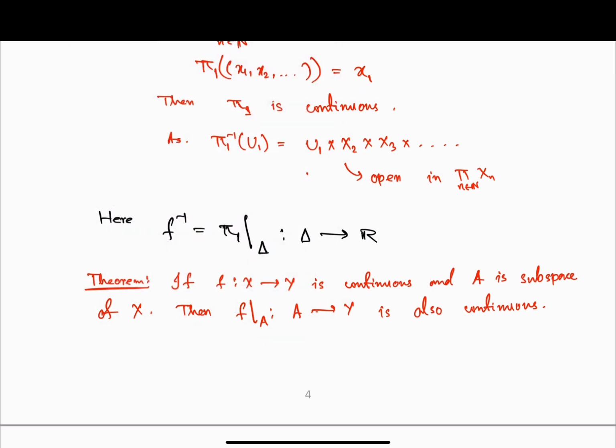So therefore this f inverse, which is mapped from delta to R, is also continuous.